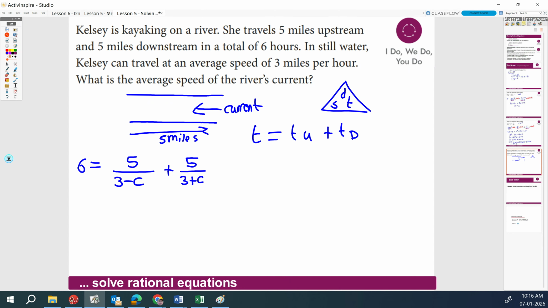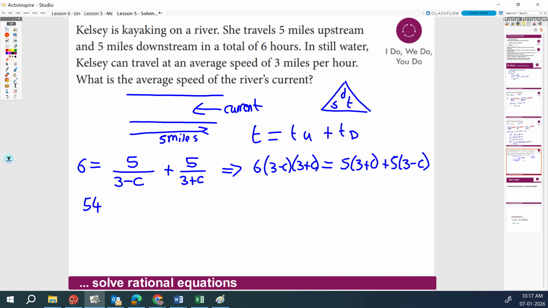If we multiply through by the common denominator, we will get 6 bracket 3 minus c, close bracket, bracket 3 plus c, is equal to 5 bracket 3 plus c, plus 5 bracket 3 minus c. Okay, so now we have to open up those brackets. We've got 3 times 3 is 9, then 6 times 9 is how much? 54.